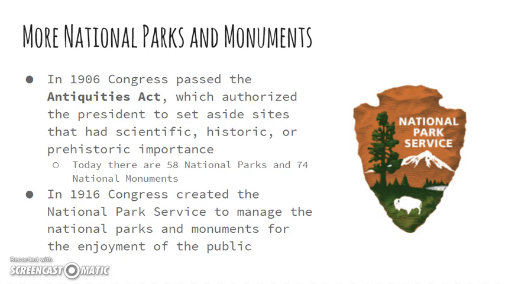So there are state parks and national parks. We're only talking national parks, and there are only 58 national parks. So in 1916, Congress created the National Park Service to manage these national parks and created the rangers for that and the monuments so the public could enjoy the national parks.